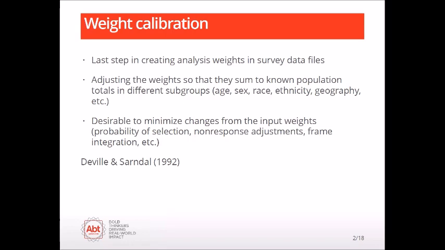And the step of weight calibration is usually the very final step. Once you've incorporated all the other stuff, you can say, well, my sample has a breakdown that looks 60% female and 40% male, but I know that my population is 50-50. I want to do something with my weights so that they look more appropriate, more like the population of interest.